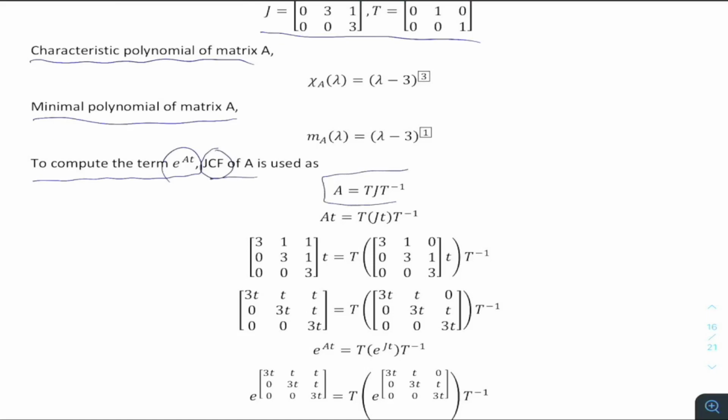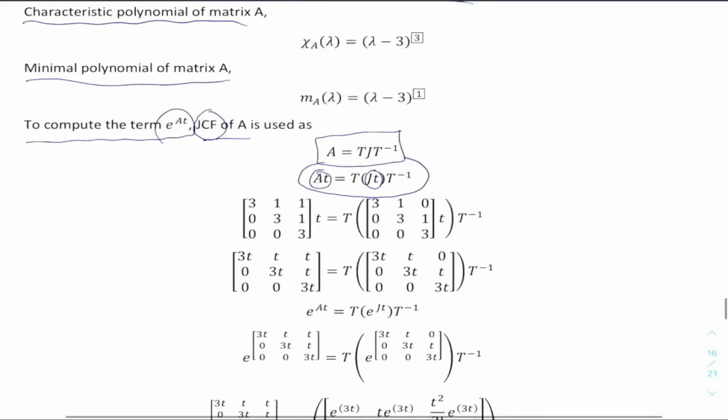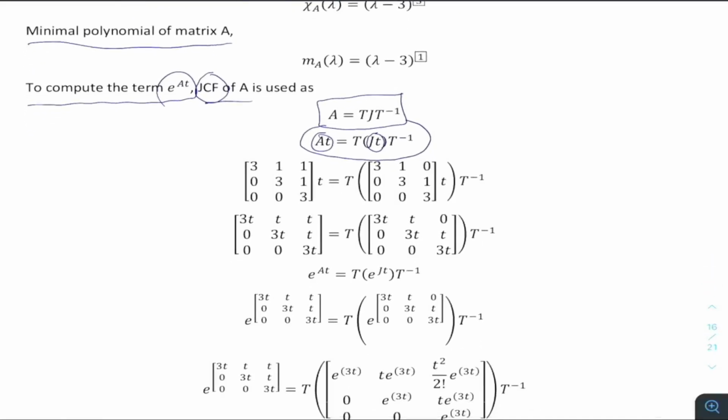Here, this is it, and then we will multiply it with the scalar t. Here, A times t, and J times t. T can commute with that matrix, right? So this is A times t, this is J times t, all right?